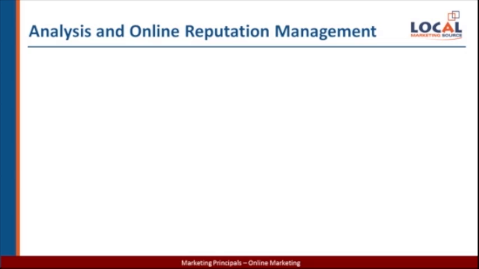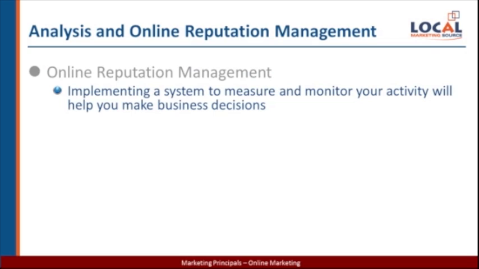We call this online reputation management. By implementing a system to measure and monitor your activity, you're going to be well equipped and trained to make business decisions based on the data that you're collecting and analyzing to improve your online marketing efforts with your clients. I'm going to be covering the tools used, how to use these tools, and the KPIs to watch.